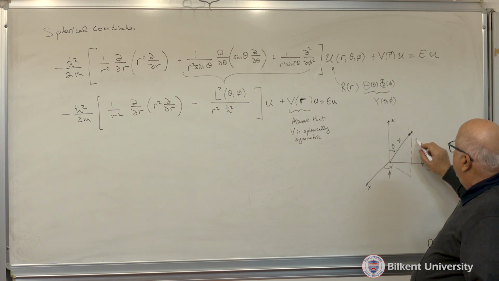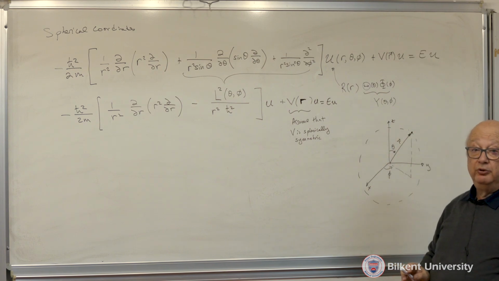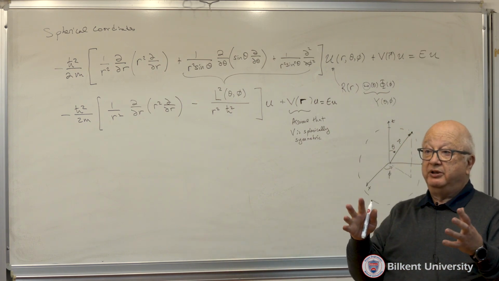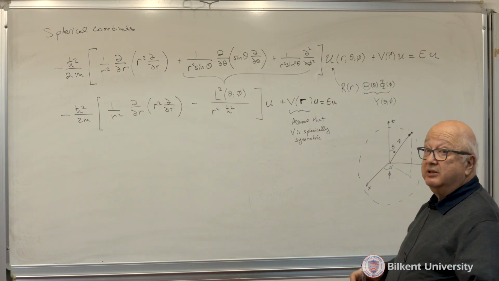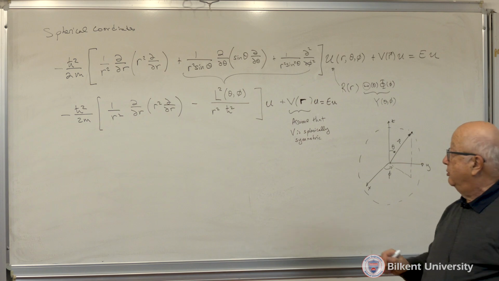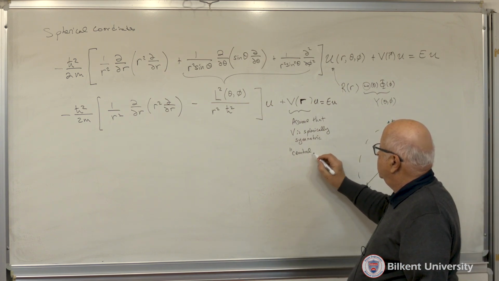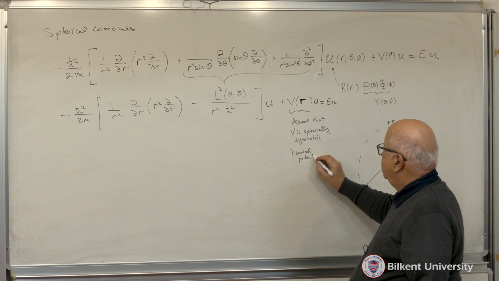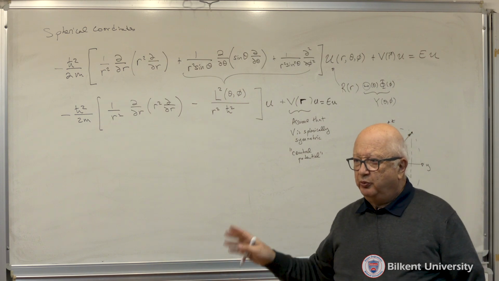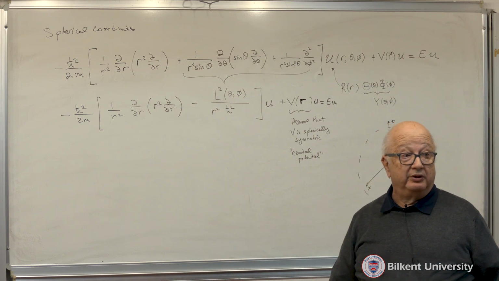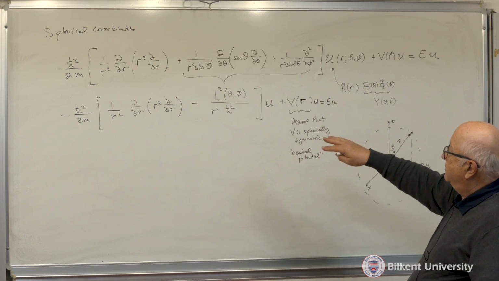So no matter where I am on this sphere, which has the same value of radius, the potential is the same. So the potential has spherically symmetric form. This is also called a central potential, because it depends on the distance to the center. This terminology you may have seen in classical mechanics also.